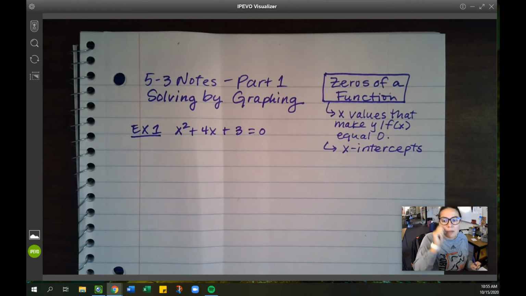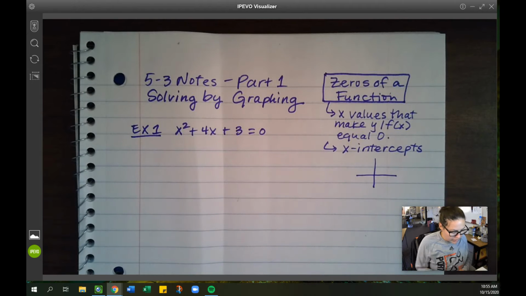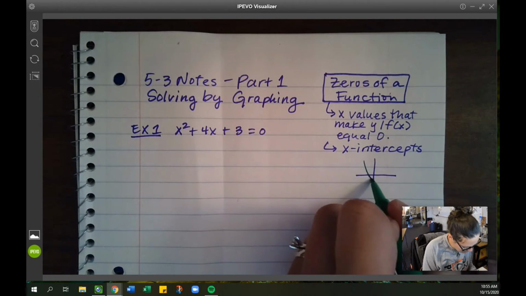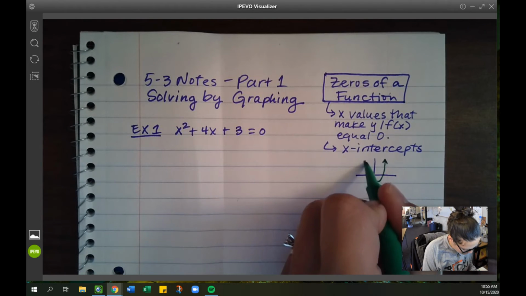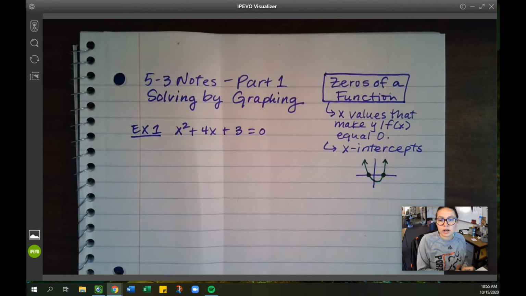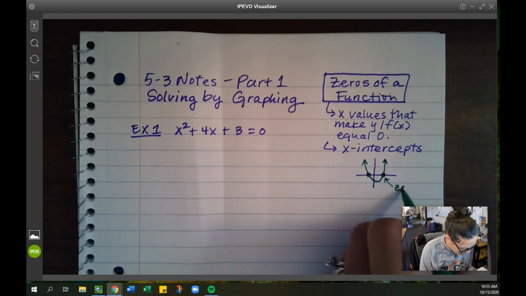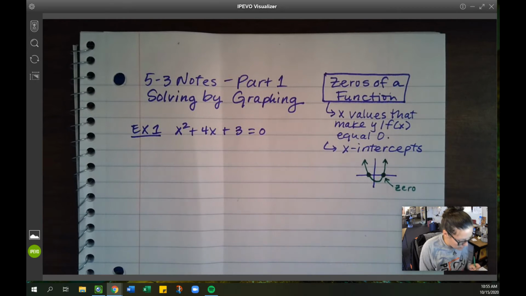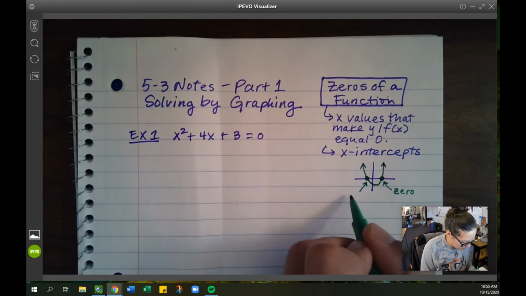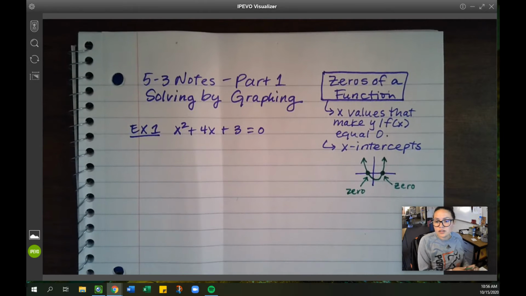So with a parabola, if I draw a parabola, these points right here are what I would call the zeros of a function. So the x-intercept and a 0 are the same thing.